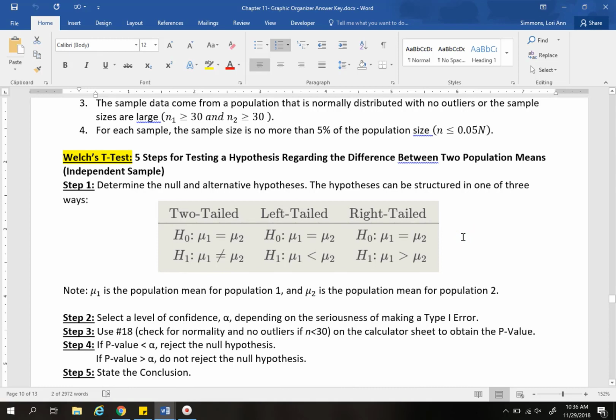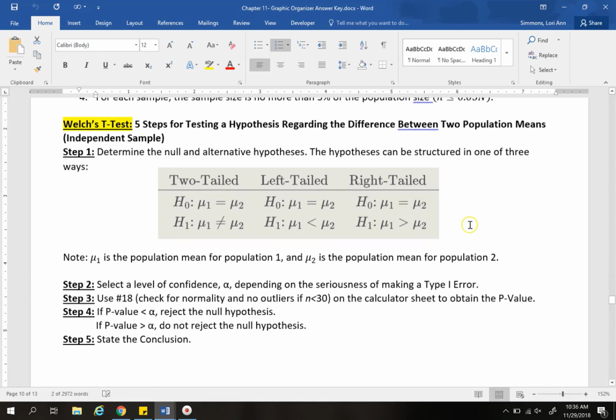Welch's t-test. There are 5 steps for testing a hypothesis regarding the difference between two population means for an independent sample. For step 1, determine the null and alternative hypotheses. The hypotheses can be structured in one of the 3 ways. Here we have a two-tailed, a left-tailed, and a right-tailed.